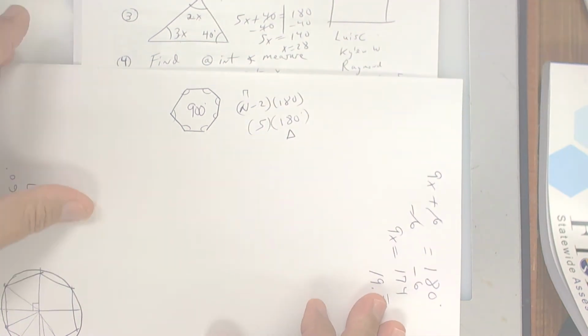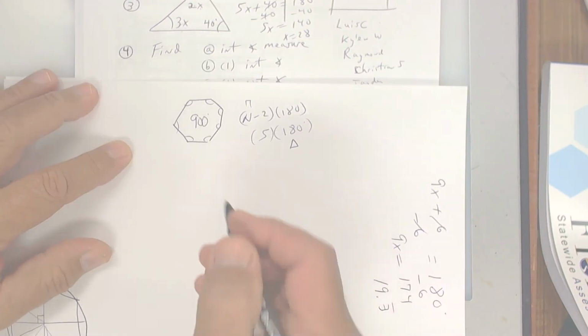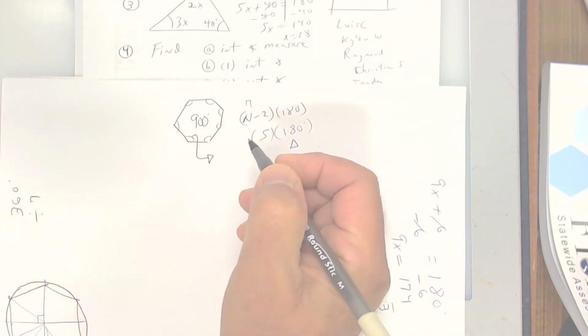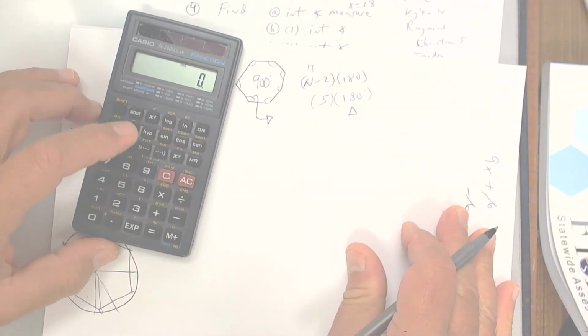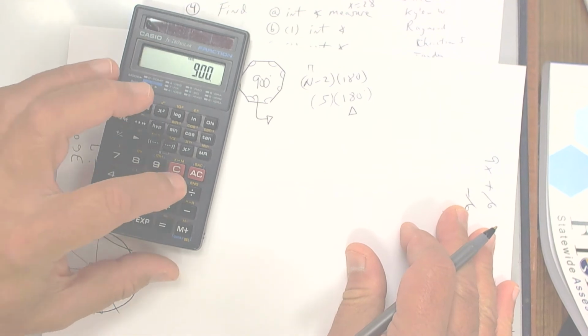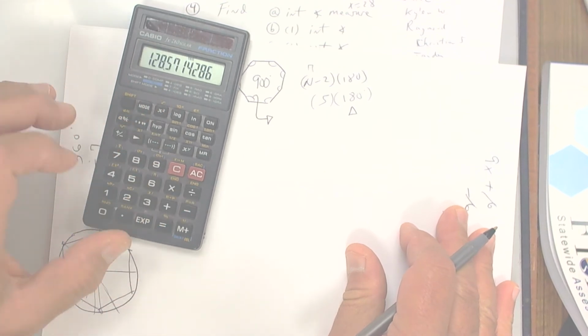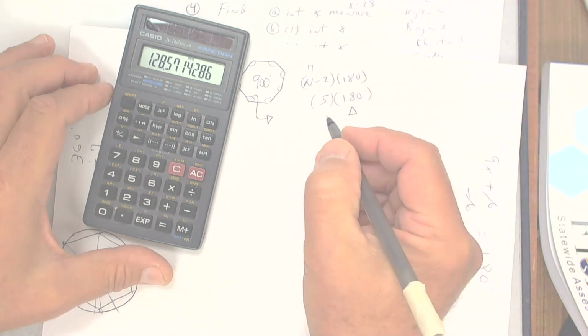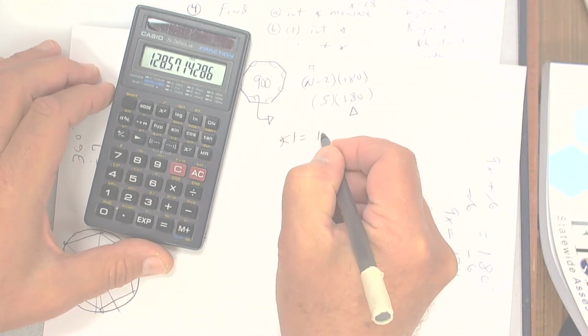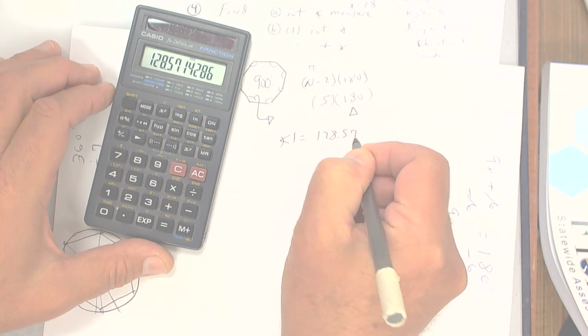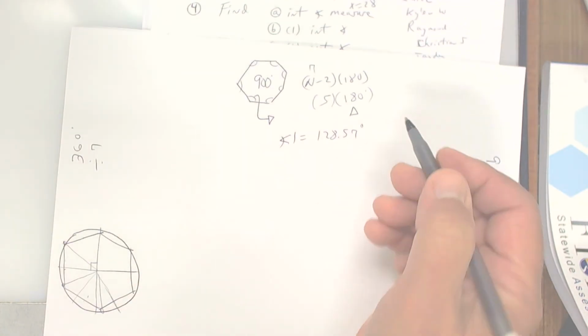But then it goes on to say, what is the measure of one of these? So what you would do is take 900 divided by 7, which gives you 128.57. So one angle is equal to 128.57 degrees. Okay?